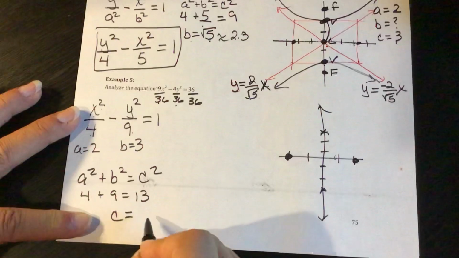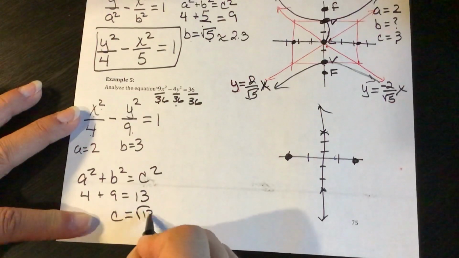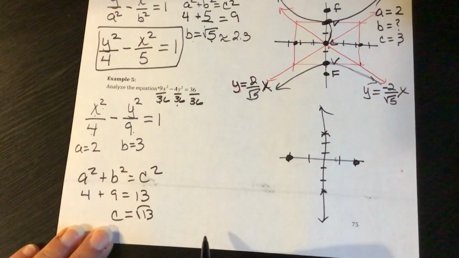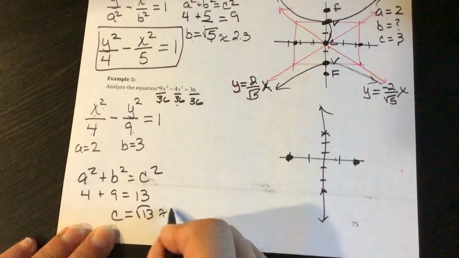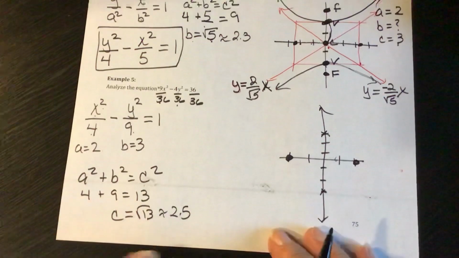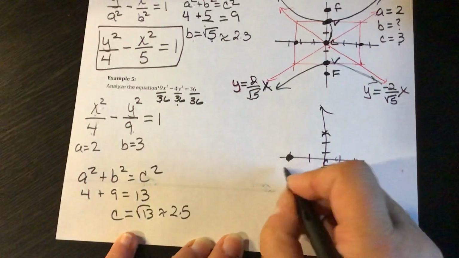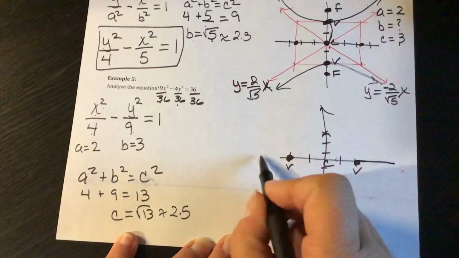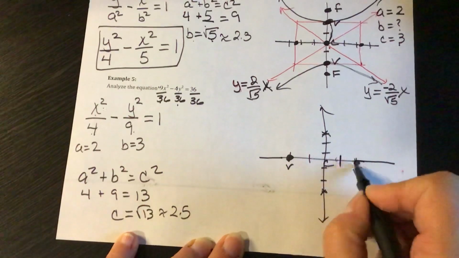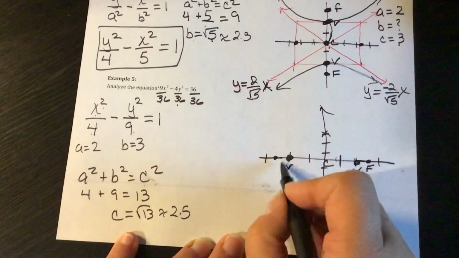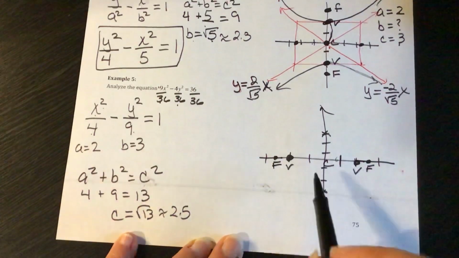So c is the square root of 13, which is between 2 and 3, so about 2.5. And this is going to go, here's center, here's vertices. It's going to go on the x-axis. 1, 2, 3, 2.5 is here. Here's 2.5.